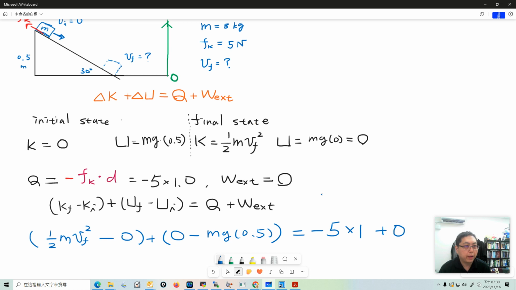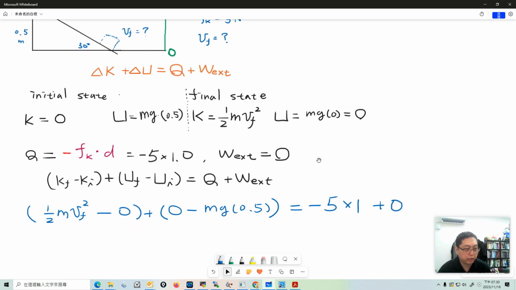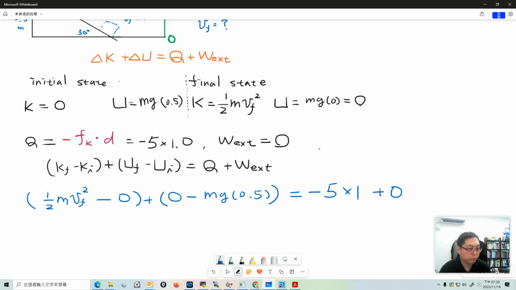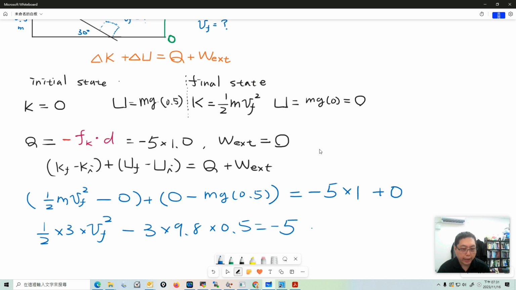The mass is 3 and g is 9.8, so we just put the numbers in: 1/2 times 3 times Vf squared minus 3 times 9.8 times 0.5 equals minus 5. If you use a little algebra, you will get Vf. What's the value?